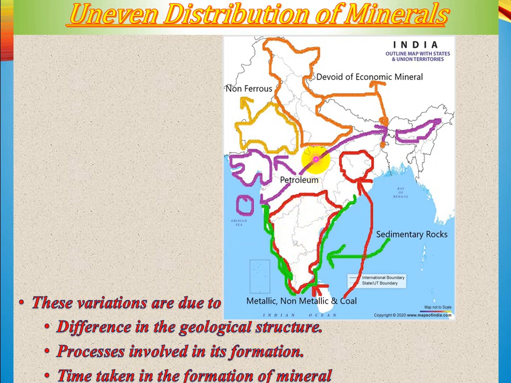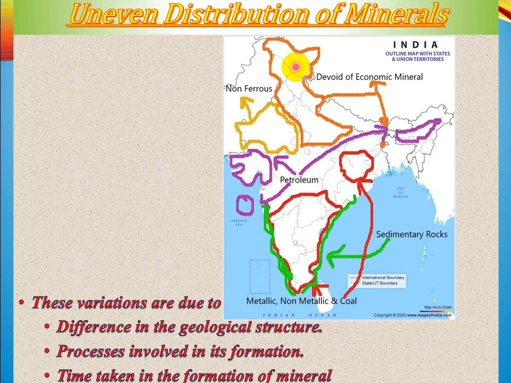Now, one big question I am putting to you: why is this entire part totally devoid of economic mineral? Just find out the answer, and when I proceed with the worksheet, at that time I will place this question and you will write your answer.